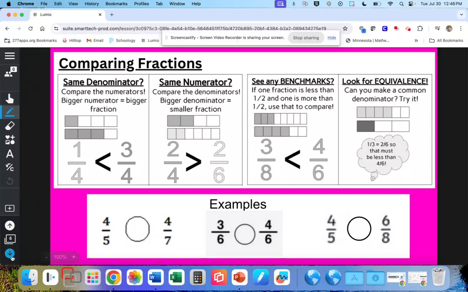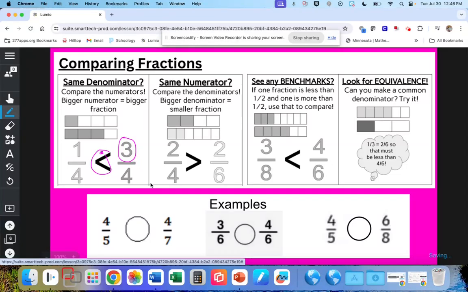Comparing fractions is our next type of topic to talk about. The first one is when we have the same denominator, the bottom number. If our object is broken into the same amount of pieces, then we want the one that has the bigger numerator. Now, I like to always call this kind of Pac-Man because usually you have a circle, and sometimes I like to even draw my little Pac-Man eyeball on.